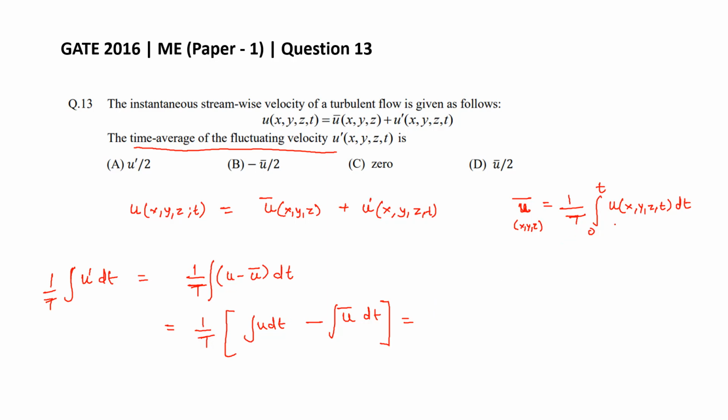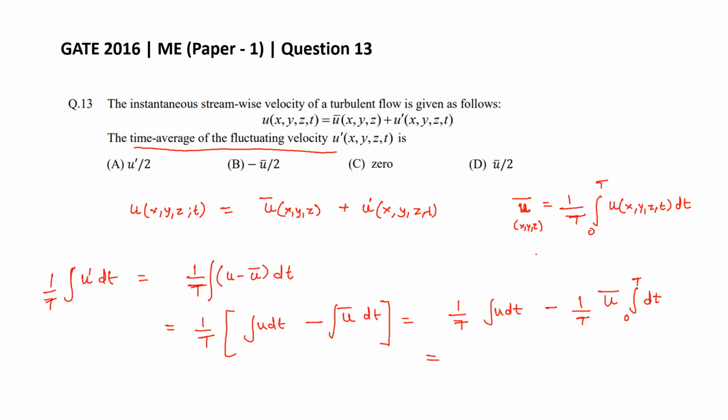So let me make it explicit. 1 over T integral u dt minus, since u bar is not a function of time, you can take this out of the integration. You have 1 by T here, u bar goes out of the integration, and this should be for the time period capital T. So then this becomes u bar times dt.